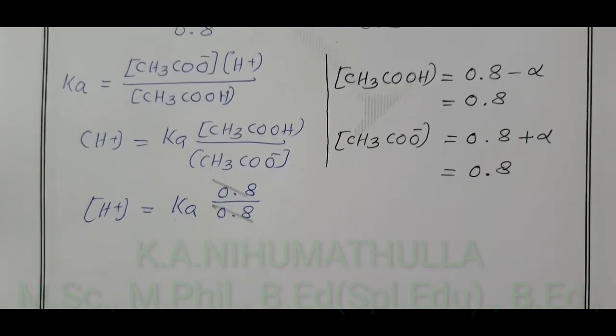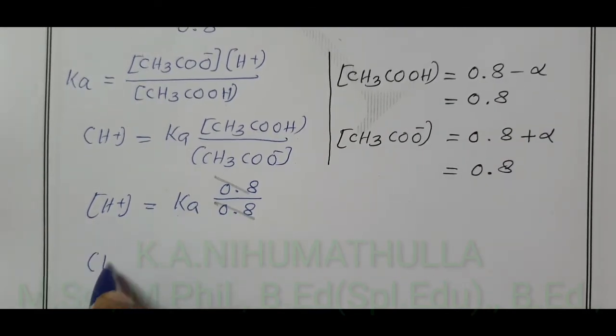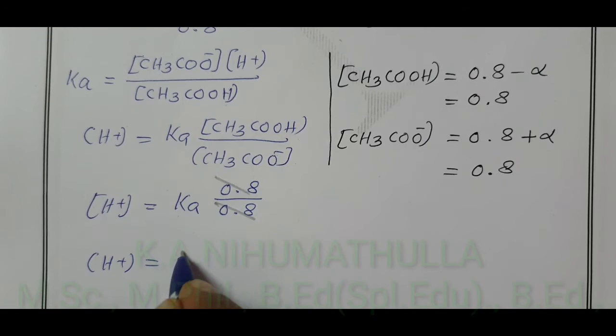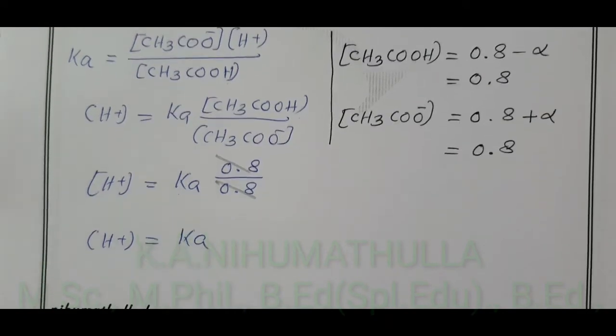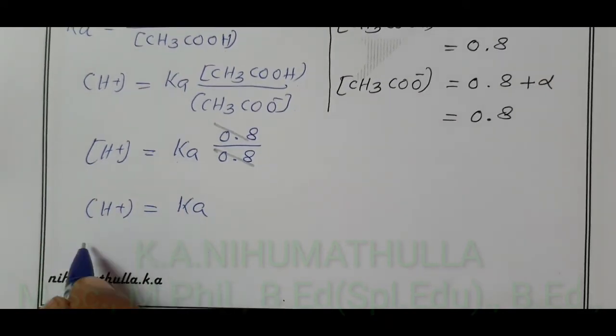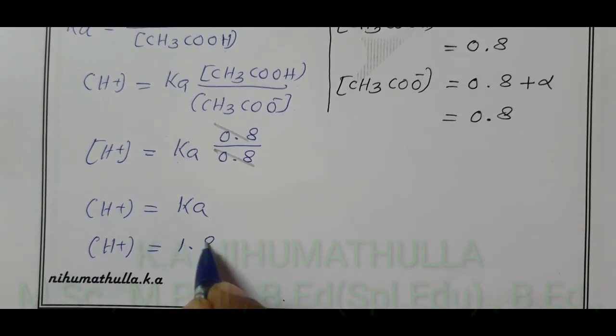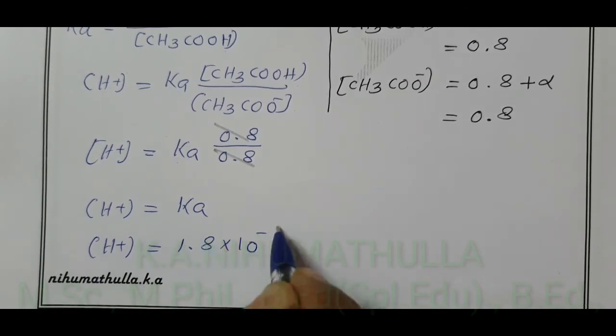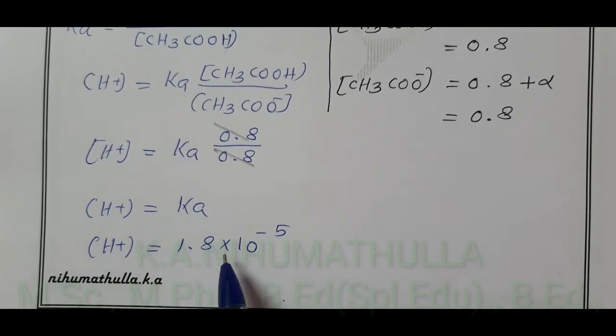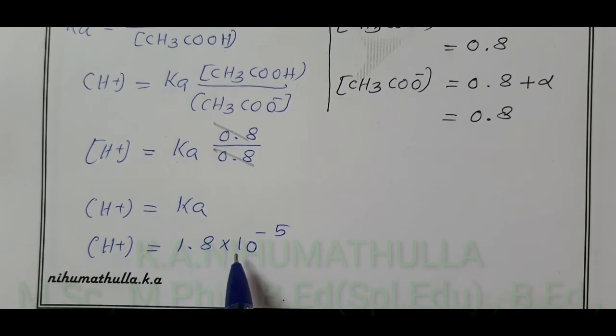Therefore, H plus ion concentration is equal to Ka. We know the value of Ka, concentration of H plus ion equal to 1.8 into 10 power minus 5. Using this, we can calculate the pH of acidic buffer solution.